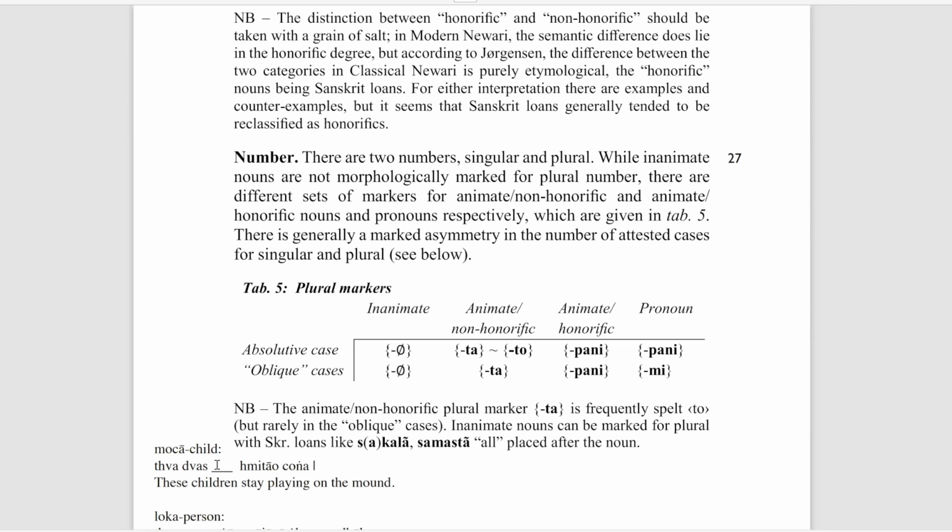So we can have mojado or mojada here, and midao is play. That's the antecedent converb. So having played, and jonga is the stative participle. So they stay playing on the mound. These children stay playing on the mound. Podosa, mojado or mojada, midao jonga.